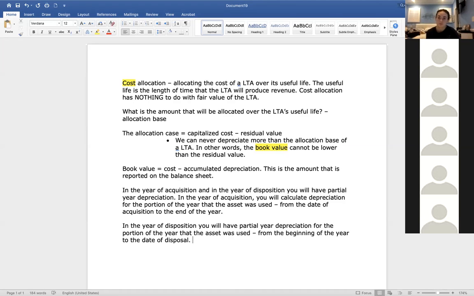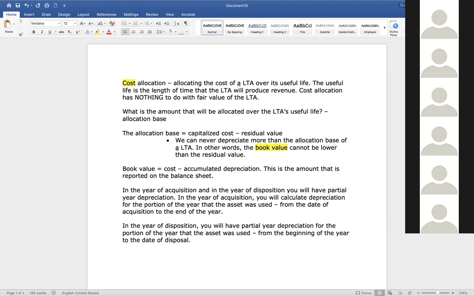I assume that you know how to calculate straight line depreciation. What is the formula? What is my numerator? Cost minus residual value. Good. Cost minus residual value equals what? The allocation base, exactly.